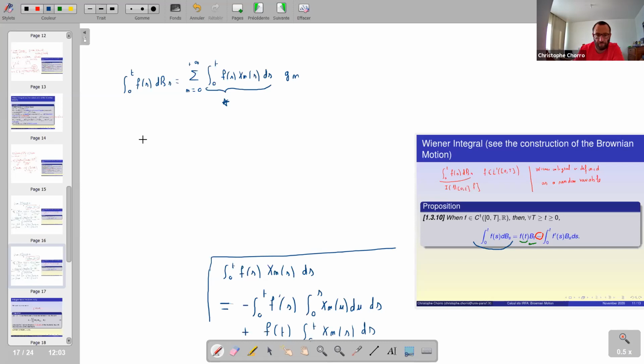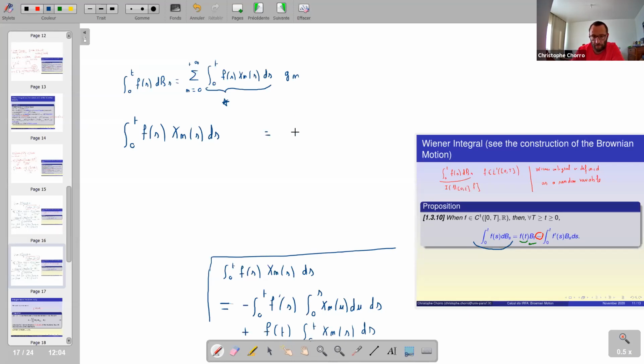I can copy what I have written here to make it clear. So the integral between 0 and t of f of s Kn of s ds is equal to what? Minus the integral, and I leave a little place here to modify just after.